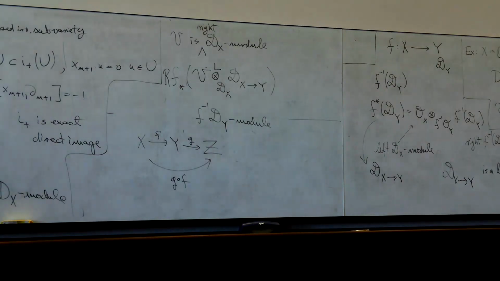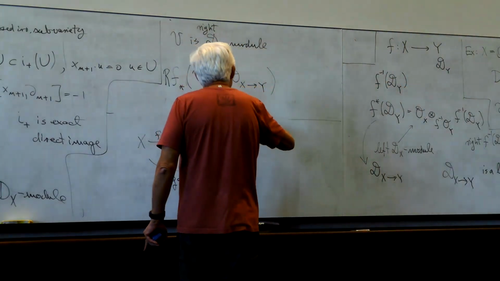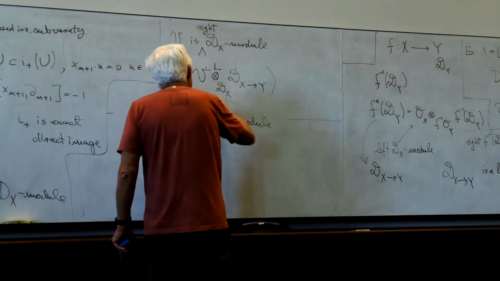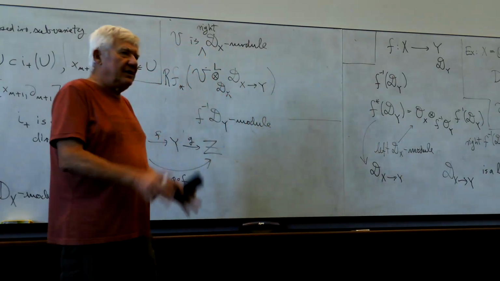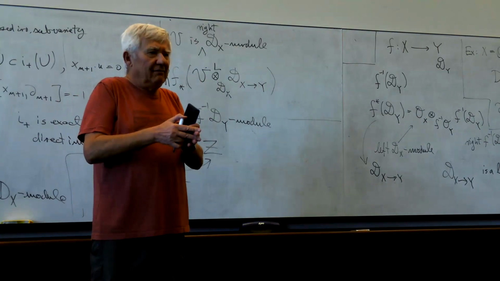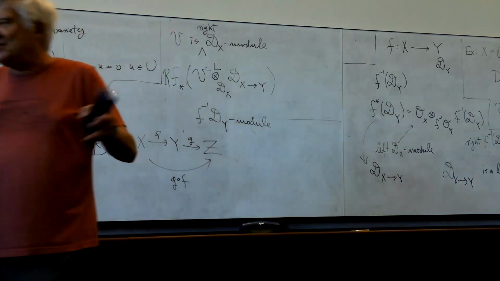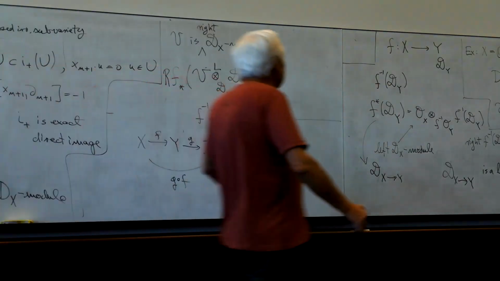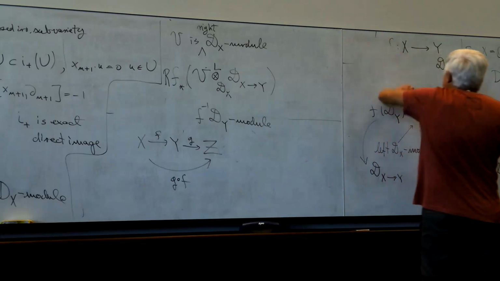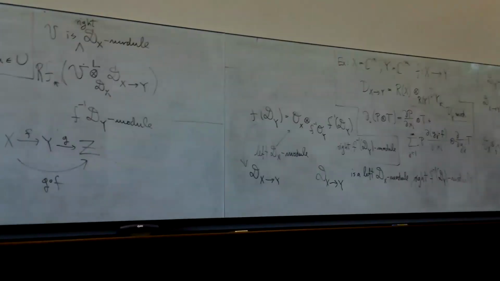But in this discussion, when we were discussing the question to make sense of the formula, I have to forget quasi-coherence and just talk about sheaves, so sheaves of D_Y modules. So I have to consider. Yeah, and this is the train of thought.